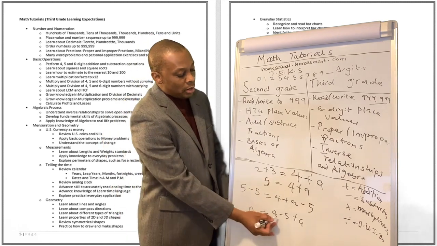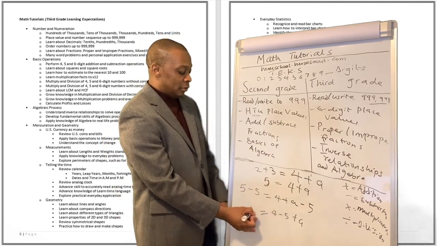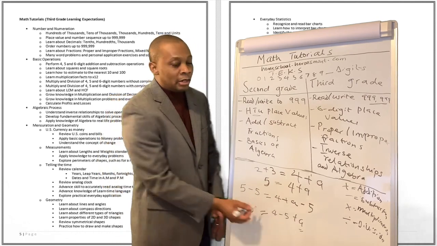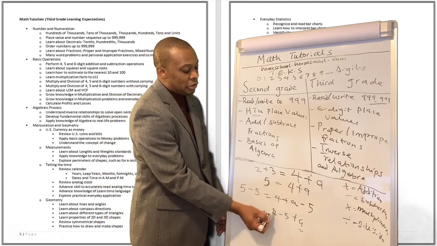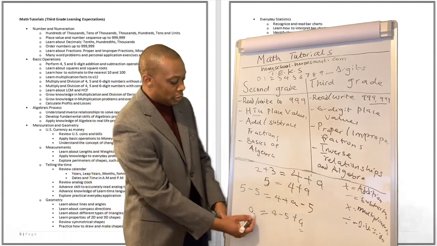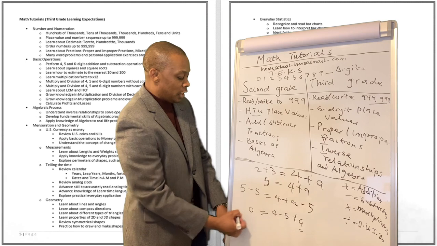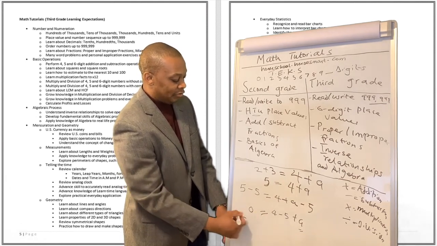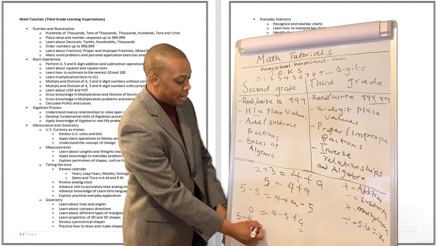Now, we want to make sure that we transfer the numbers over here so we can leave a standing by itself. And another thing to remember, when you transfer numbers over here, the sign in front of the number is going to change. So 4 is going to become minus 4 right now.